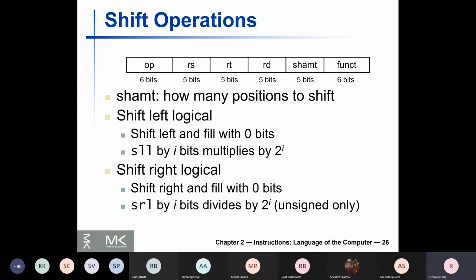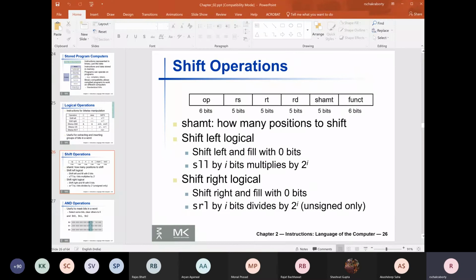Final question: have you been taught, in the previous class, how you implement this arbitrary number of shiftings by I positions in a hardware circuit? Have you been taught any circuit to do this?